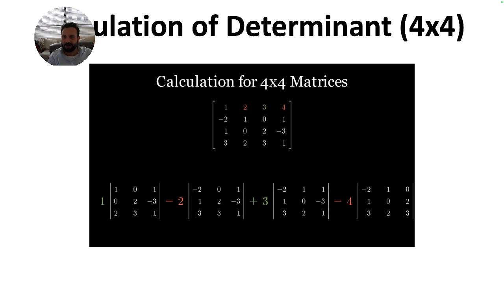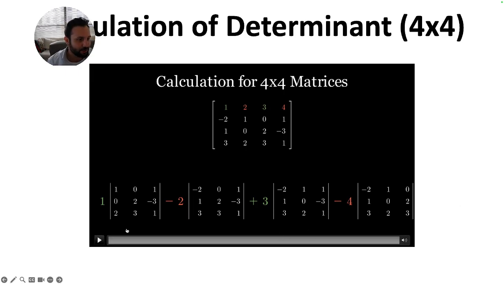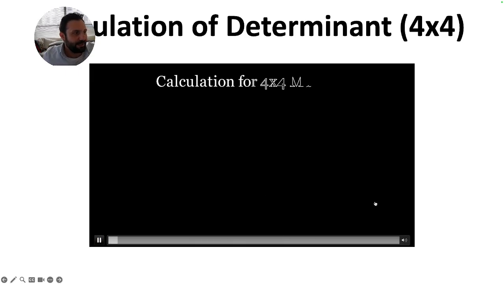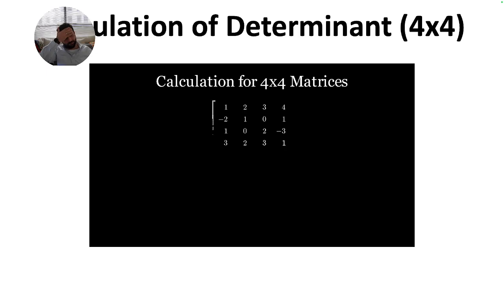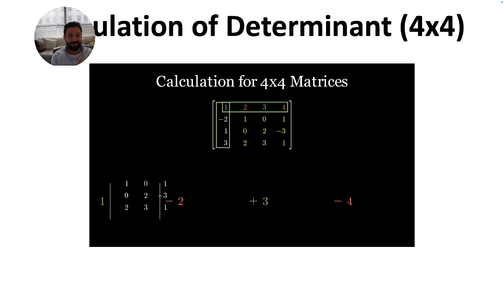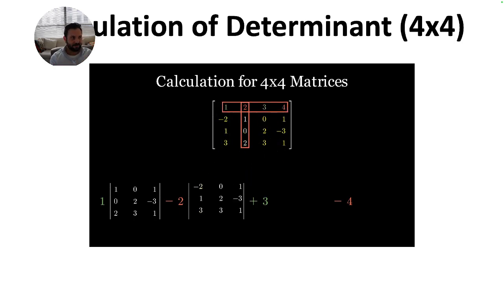And just for fun, I included the 4 by 4 determinant calculation, which you will never need. But just for the sake of completeness, it is the same story. We take the first row, positive, negative, and whatever remains from the first row, we take that and attempt to calculate its determinant.